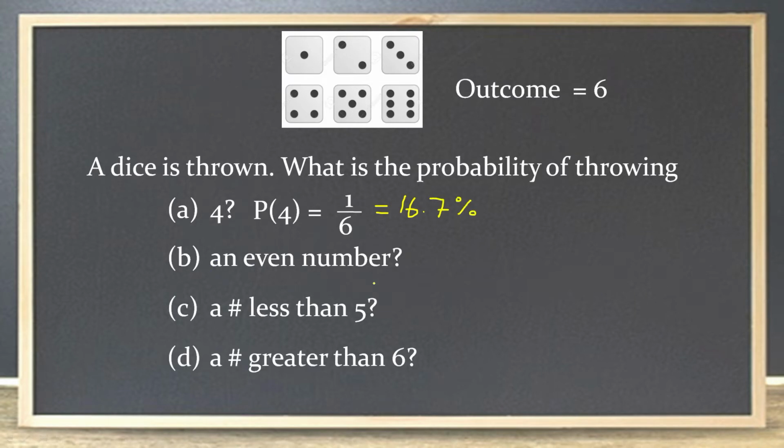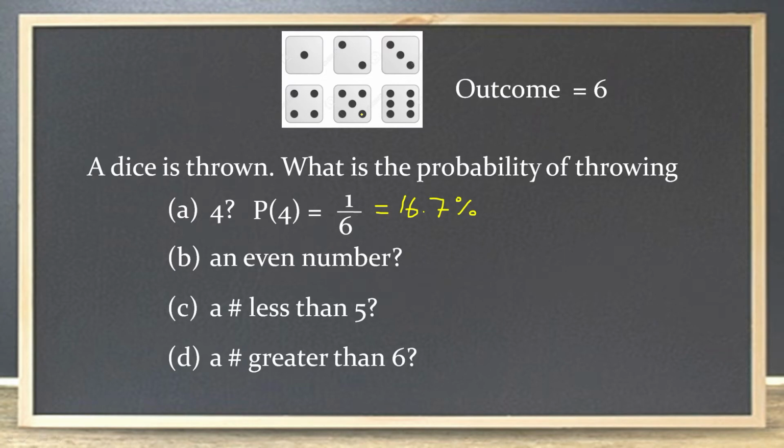So let us look at B, an even number. So when we throw a die, what's the probability of an even number showing up? So if you look at the die, we have 2, 4 and 6, which are even numbers. So there are 3 different possible ways that we can obtain an even number when a die is thrown.